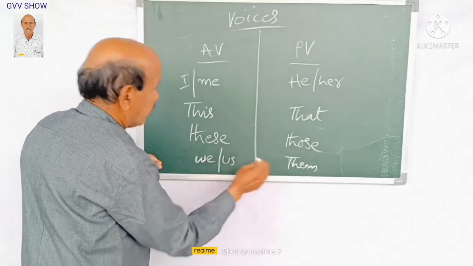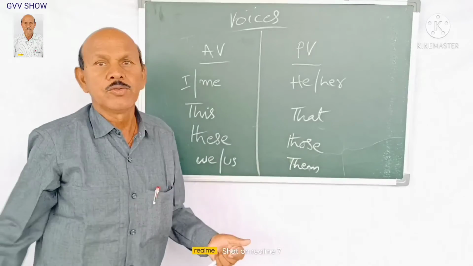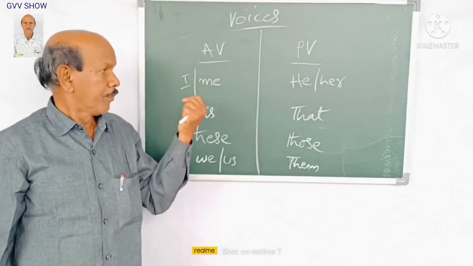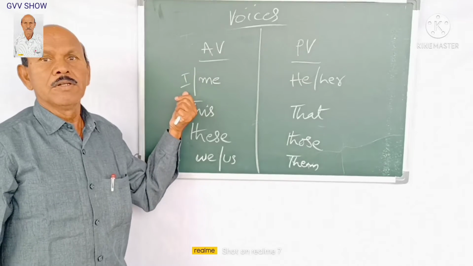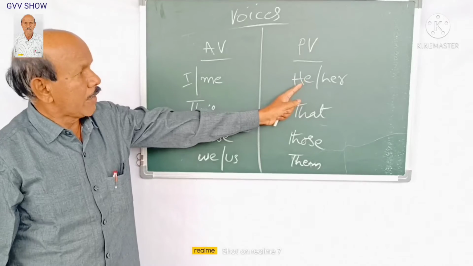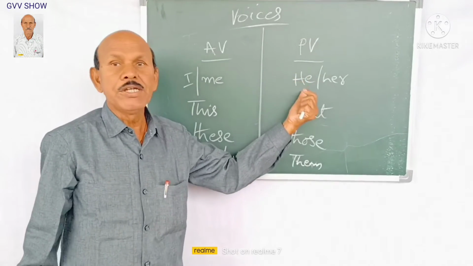We, us become them in passive voice. So remember these: when active voice has I or me, we will write he, her.